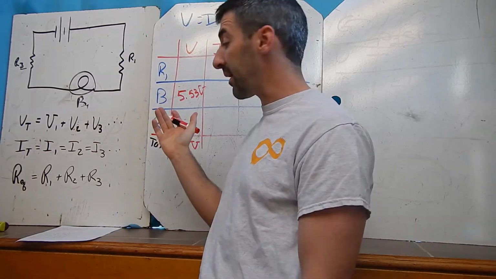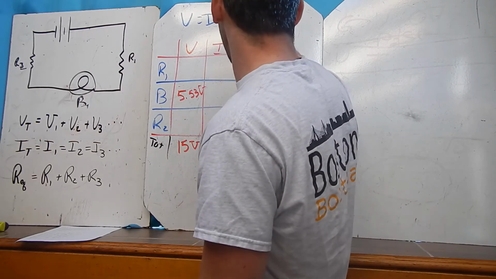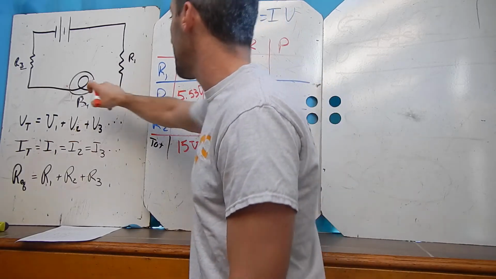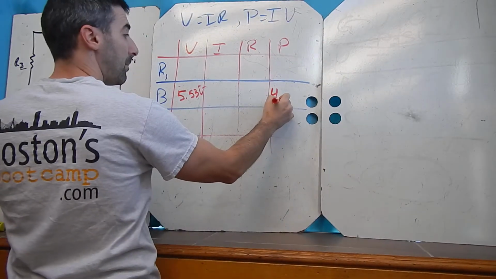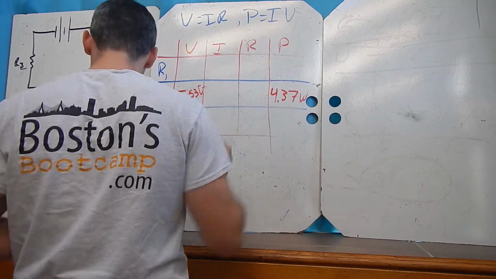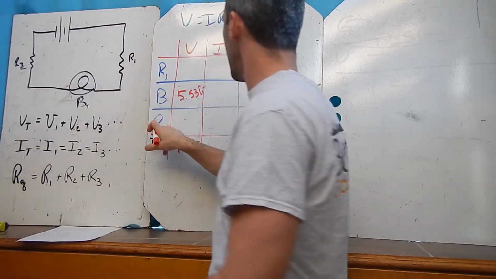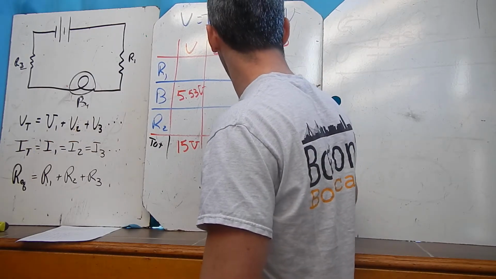And that's all I know there. I didn't know any of the currents. I did know that the power, the light bulb brightness, was 4.37 watts. And I did know the resistance of R number 2 was 9 ohms.